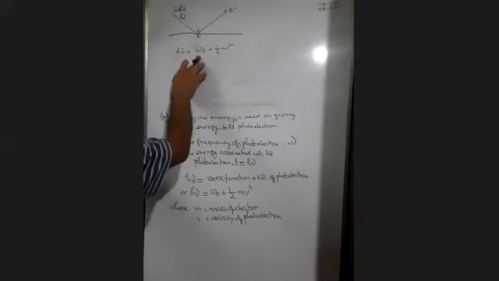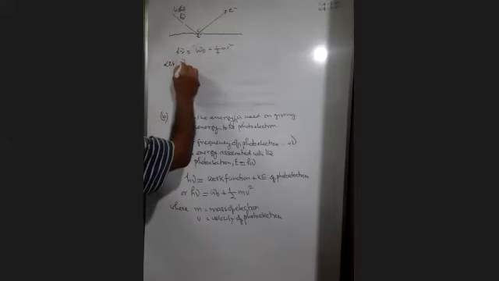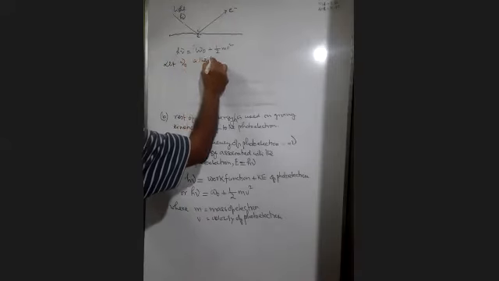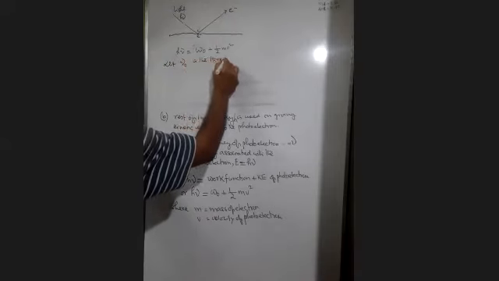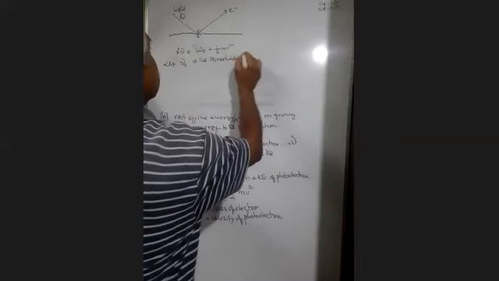Now see, this is also energy. Work function is also energy, or not? So what should I write? Let nu 0 be the threshold energy. Threshold energy means the optimum energy to take out the electron from the shell. That is called threshold energy.